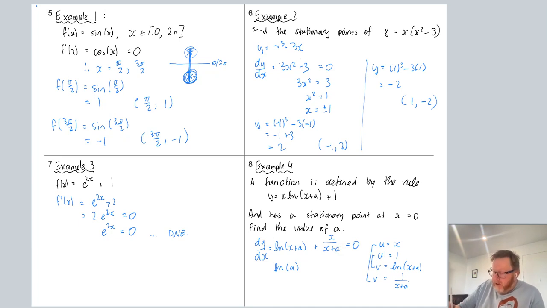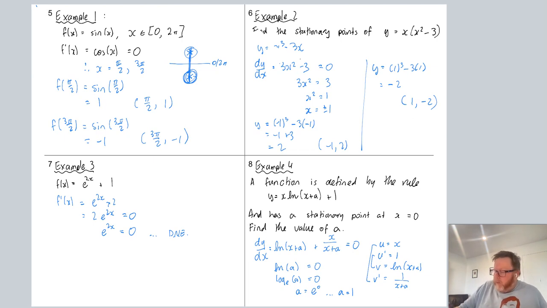So we end up with actually ln a is equal to 0. What does that mean? Well, just a reminder, that means log base e of a is equal to 0, which means that a is equal to e to the power of 0, using our basic definition of a log, i.e. a is equal to 1. So it looked complicated, but actually it's not. So the function is actually y equals x ln(x + 1) + 1.